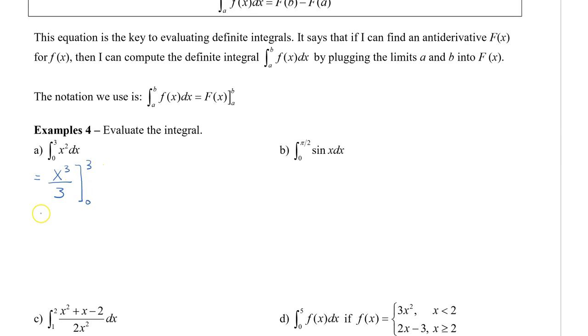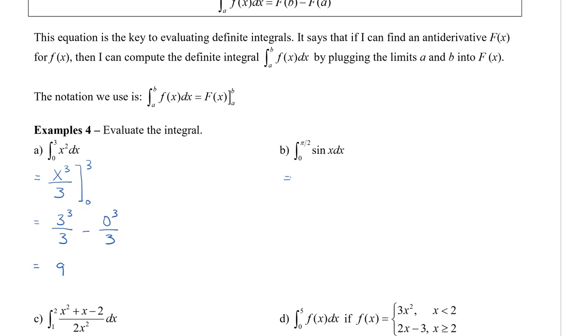Since 3 is the upper limit, I'm going to substitute that in first. So I get 3 cubed over 3, and then I substitute the lower limit in, which is 0, so 0 cubed over 3. And then I evaluate. 3 cubed divided by 3 is 9, and the second piece is 0. So the answer to this integral is just 9.